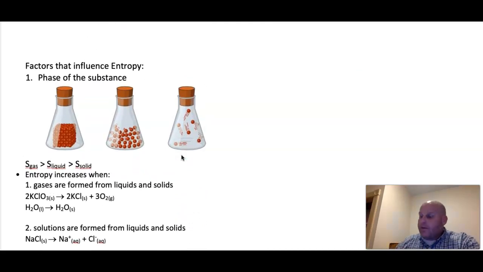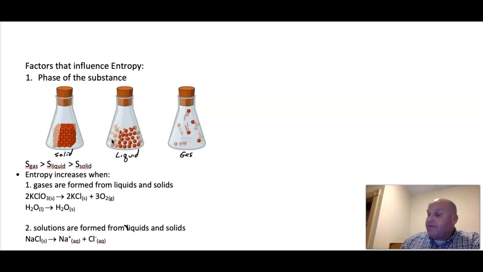We have seen this picture before where we are looking at the particles in a solid, liquid, and gas. We talked about this when we talked about phase changes and how intermolecular forces break and how that allows the particles to have a little more freedom of movement.